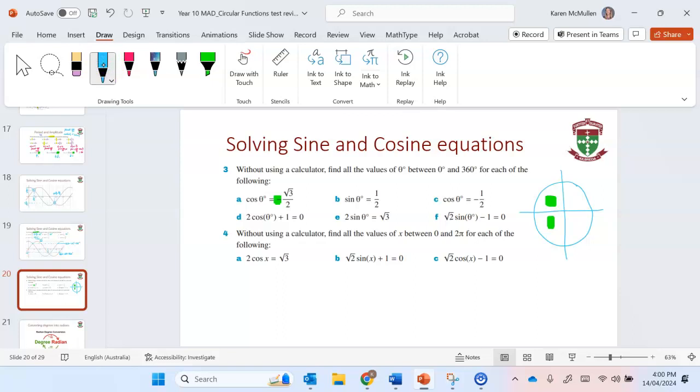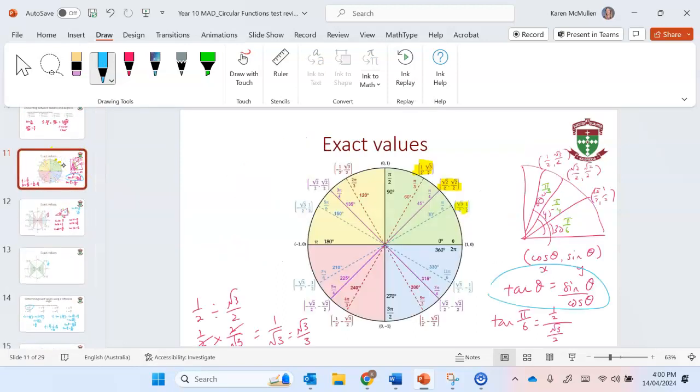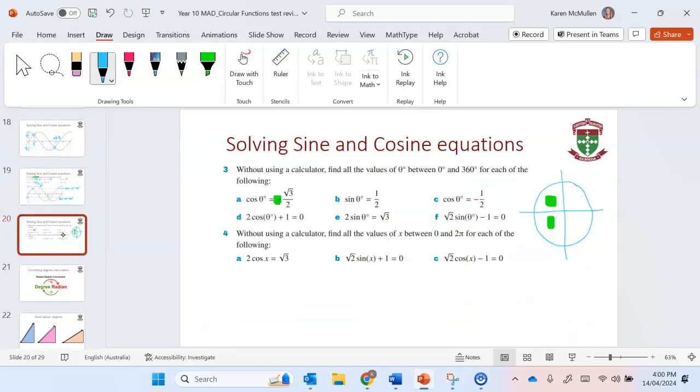Now, root 3 on 2 is cos of 30, I think. Gosh, I should know my exact values by now. Cos of 30, yes. So our reference angle, and are we working in degrees? Our reference angle for the first one is 30 degrees.